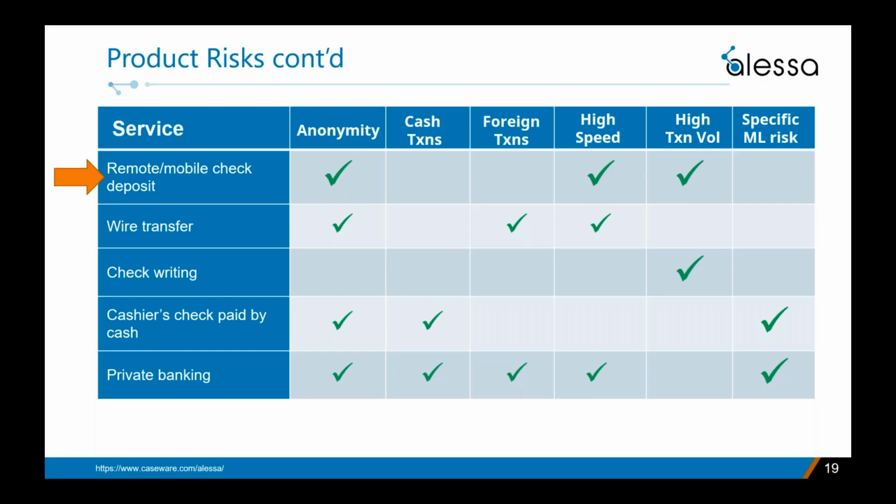The checks being deposited could be, say, a bunch of sequentially numbered money orders that have been purchased with dirty cash. Same thing with sequential cashier's checks or counterfeit checks or checks that don't have any connection to the customer. Now, this was something that historically tellers were very good at spotting.